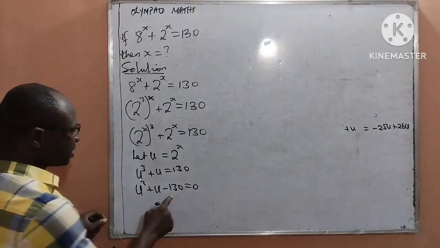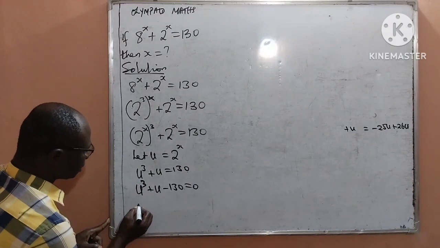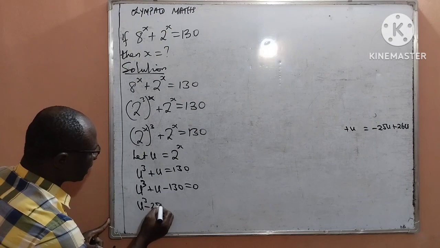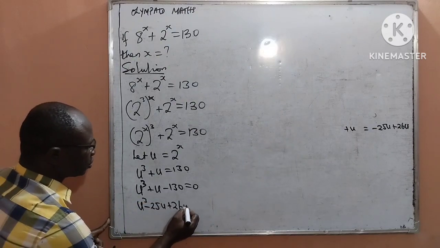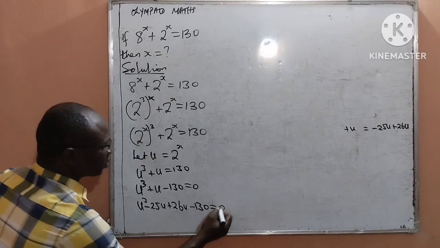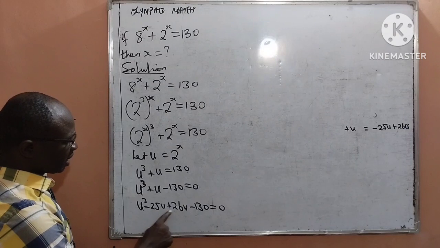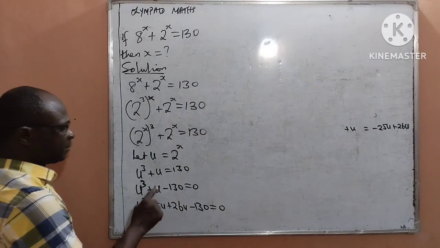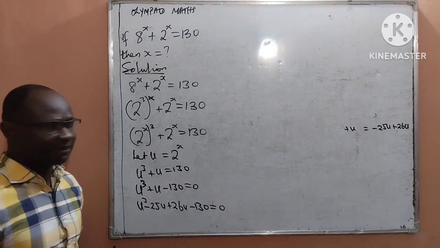That means factorizing this equation, it will now be u to the power of 3 minus 25u, then plus 26u minus 130 is equal to 0. Because the addition of minus 25u and the plus 26u will give us exactly plus u, so making what we have here exactly the same.